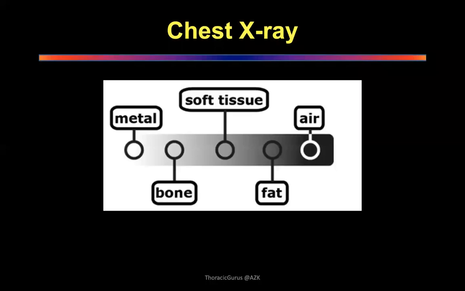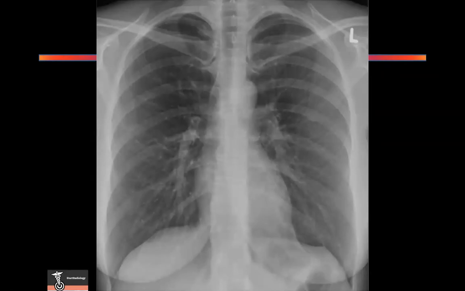That is very important to understand. Particularly when you're reading films, it really matters when you see black air in the subcutaneous tissue. It clearly tells you that something is wrong here. That's how you pick up the pathology.